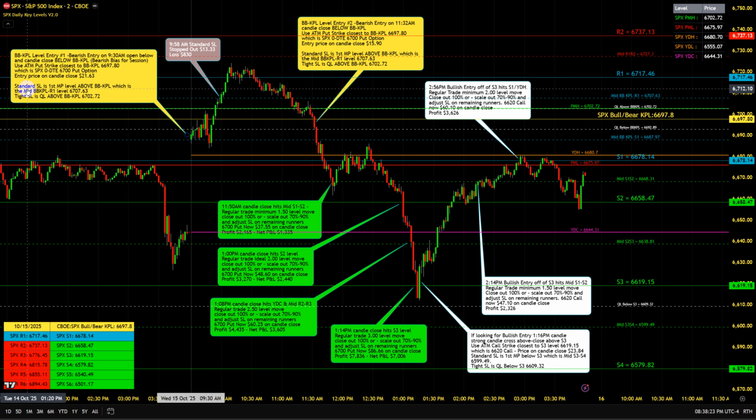Okay, so that is how you determine which strike to use. Now, for those that want to use out of the money strikes, you can use out of the money strikes within certain limits. And we're not going to go into that in this particular video.